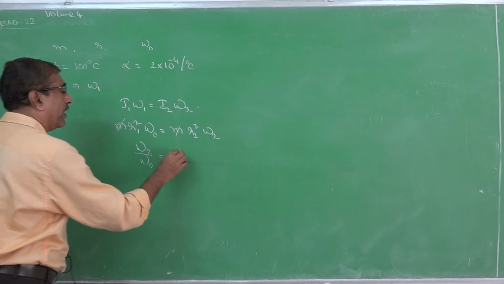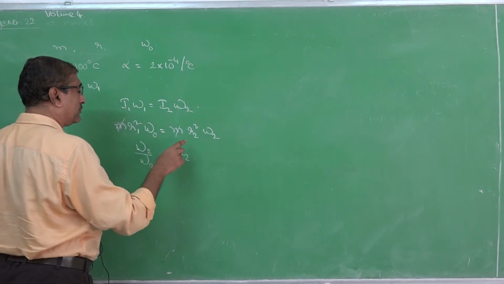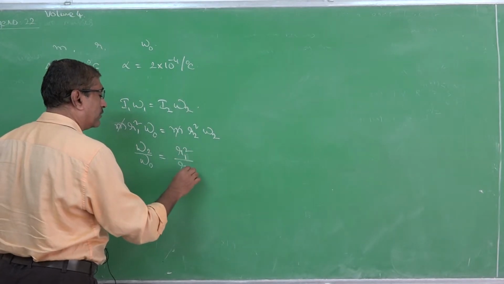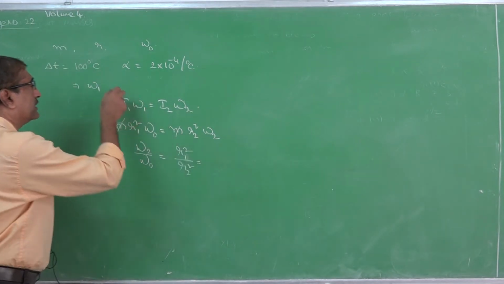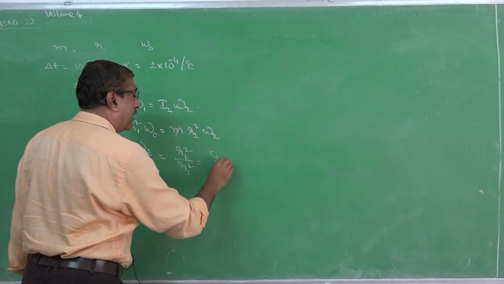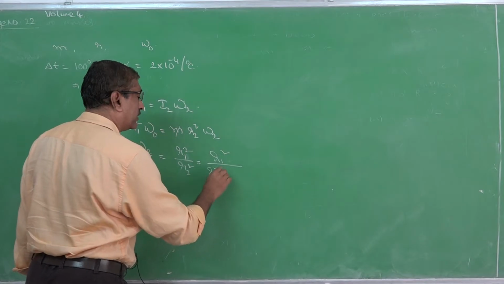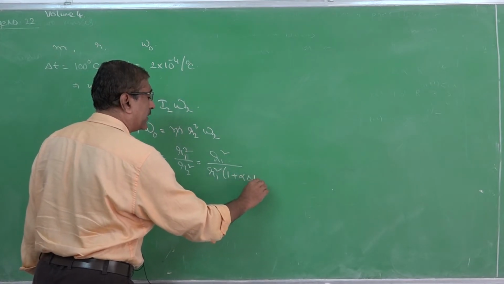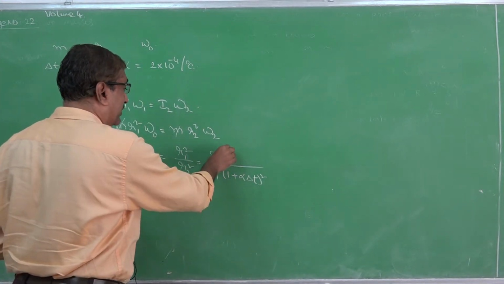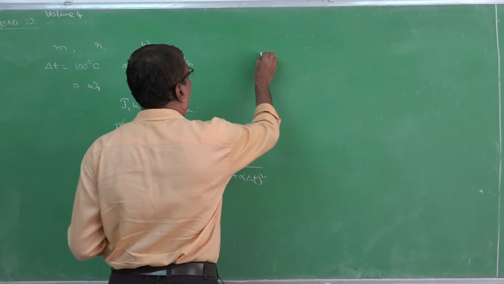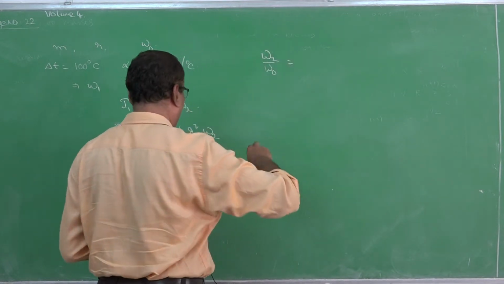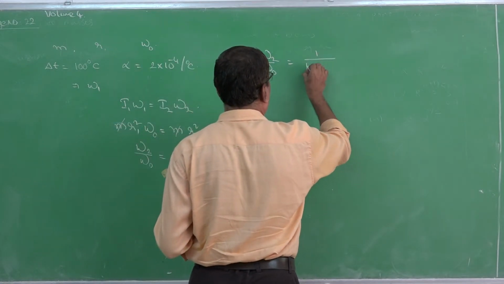So that is r1 square by r2 square. But r2 can be written, given alpha and the change in temperature, as r1 square by r1 square into 1 plus alpha delta t whole square. Now cancel this out. Therefore, omega 2 by omega 0 is equal to 1 by 1 plus alpha delta t whole square.